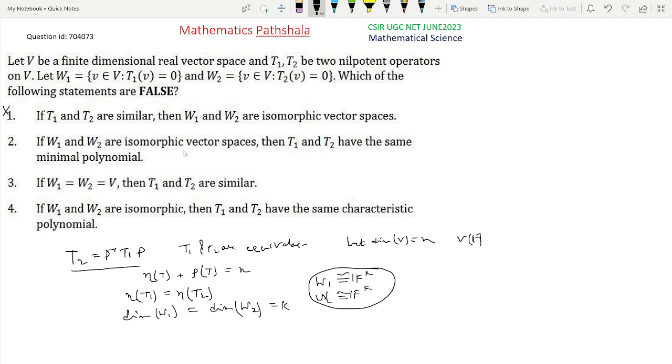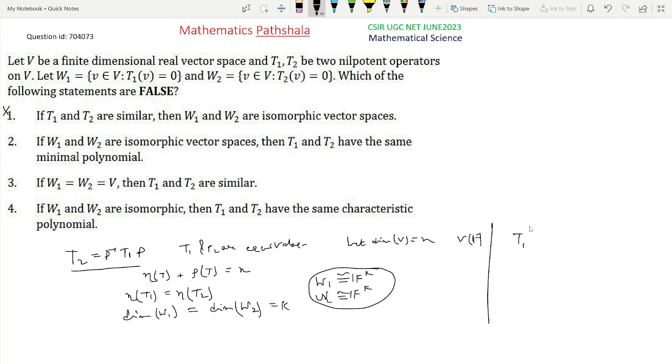Okay, now look at option 2. If W1 and W2 are isomorphic vector spaces, then T1 and T2 have the same minimal polynomial. This option actually will not be true. This is a false option. We can give an example.